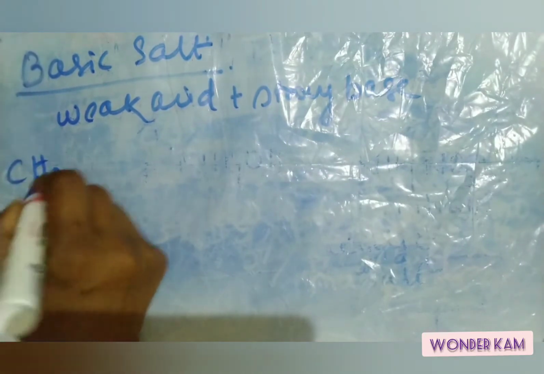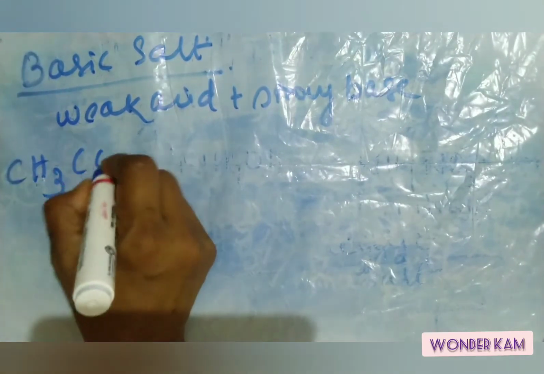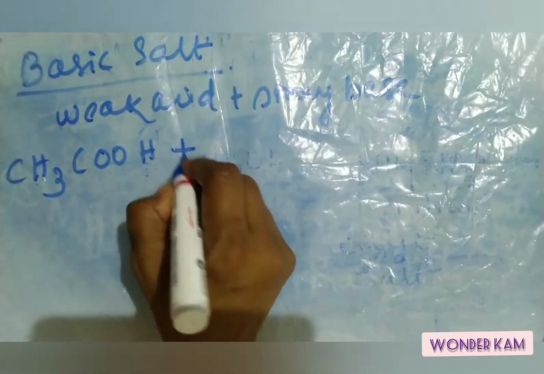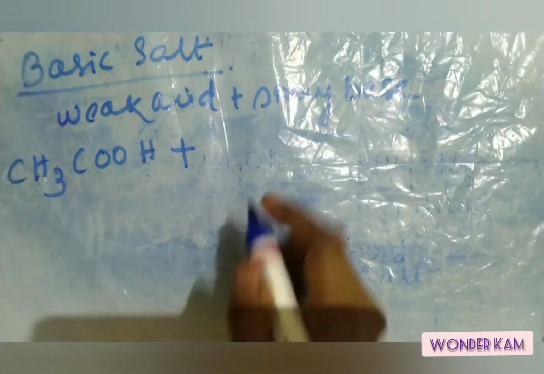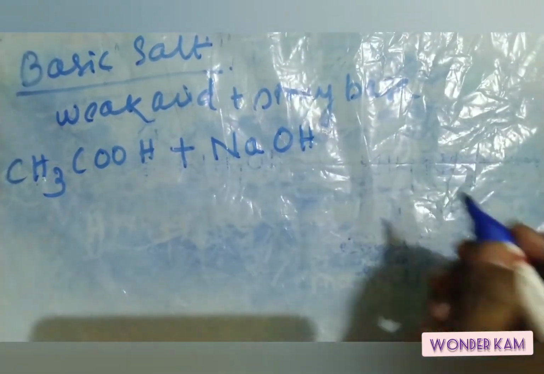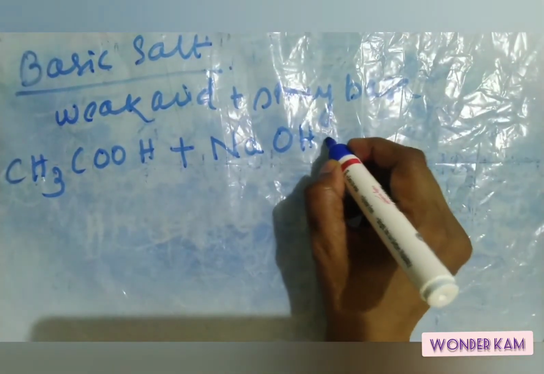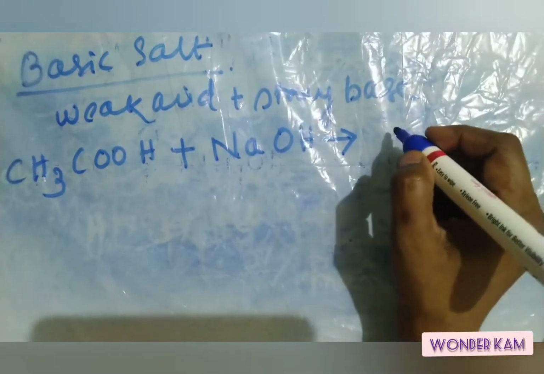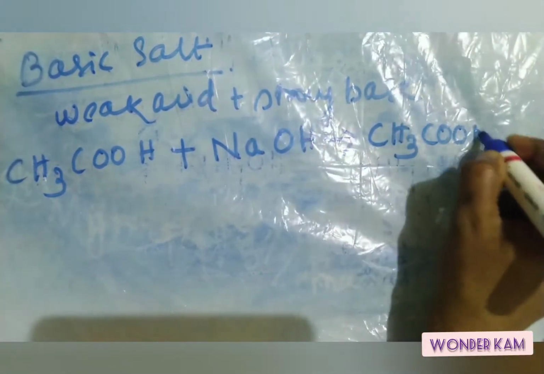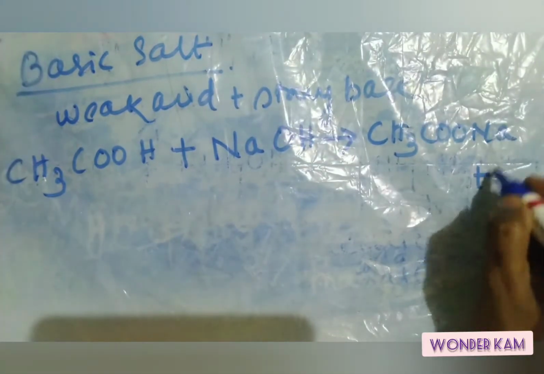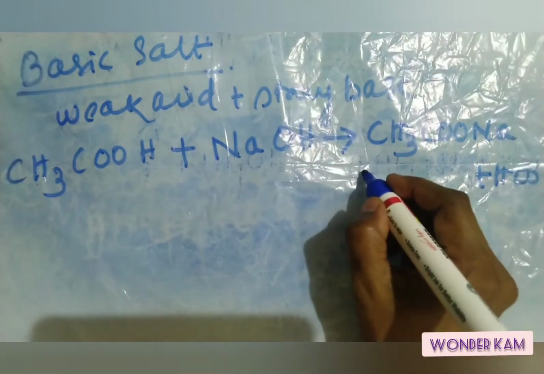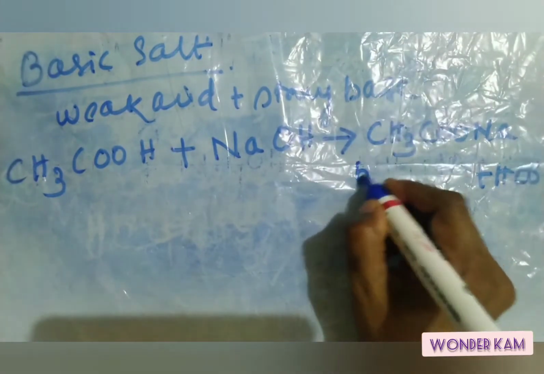So we will take CH3COOH, a weak acid, plus a strong base. For example, the strong base is sodium hydroxide. So the salt which is formed is sodium acetate plus water. This is sodium acetate. This is a basic salt.